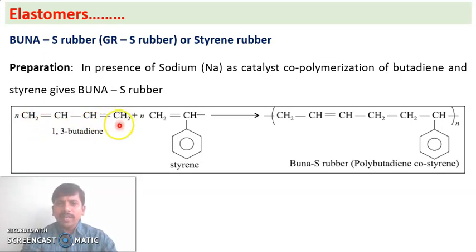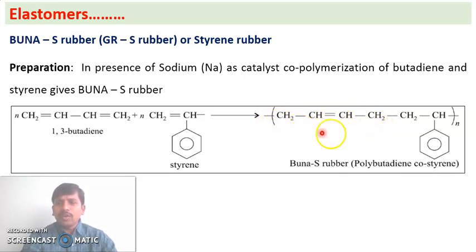Now this carbon is attached to this carbon of styrene monomer. Here in styrene monomer we have a double bond, which is also broken, and this carbon develops connectivity and this carbon also develops connectivity. So this gives rise to the repeating unit: connectivity, then CH2, single bond CH, double bond CH, single bond CH2.